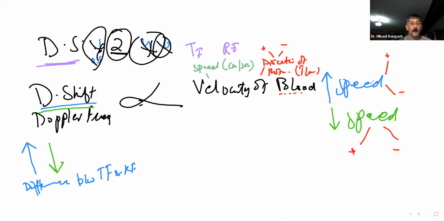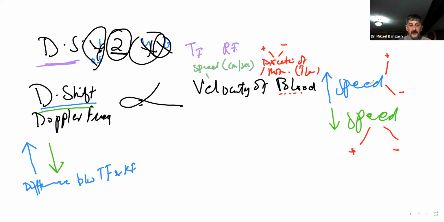Now, which of these two frequencies was greater and which was lower would determine whether it was going to be a positive Doppler shift or a negative Doppler shift. Clear.